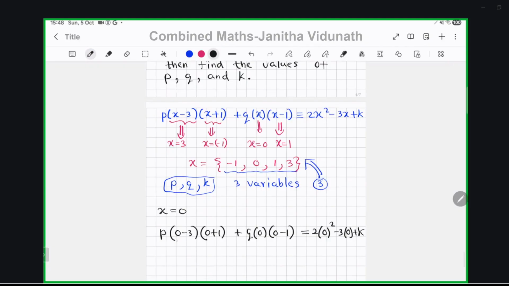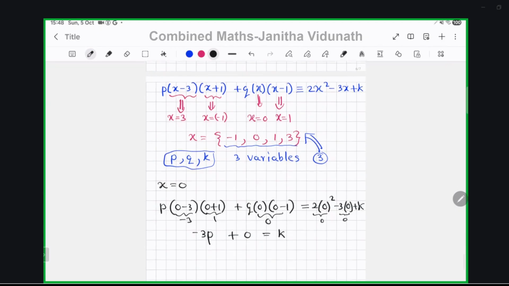From here, we get minus 3. From here, we get 1. That means minus 3p. Plus from here, we get 0. This also becomes 0. And on the right hand side, we get k. That means the first equation is minus 3p is equal to k.